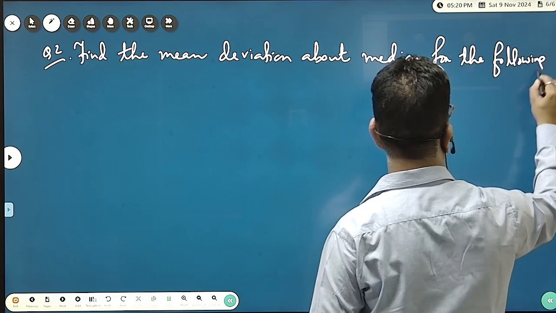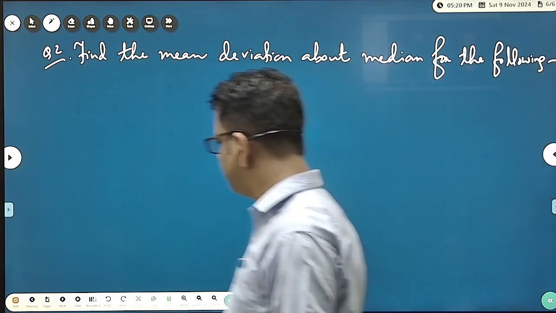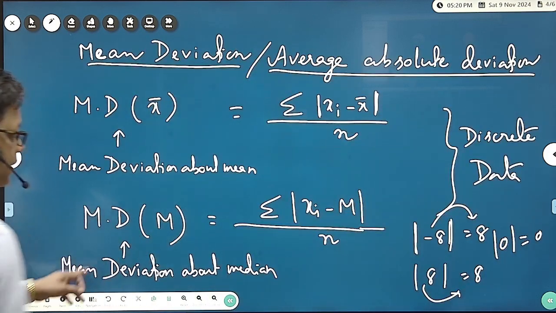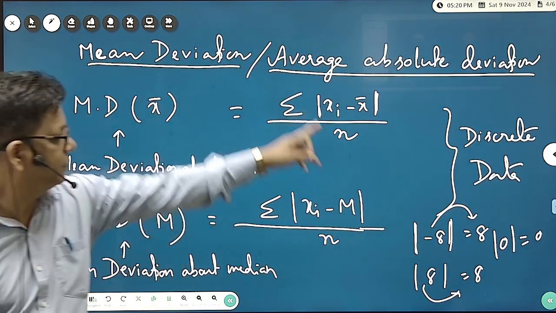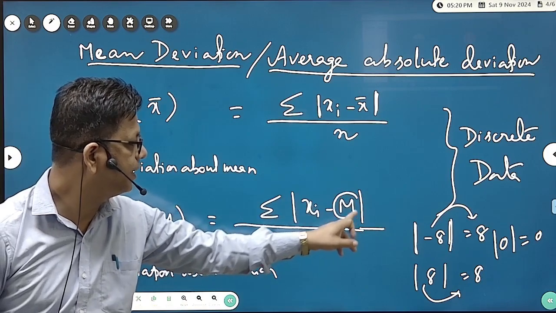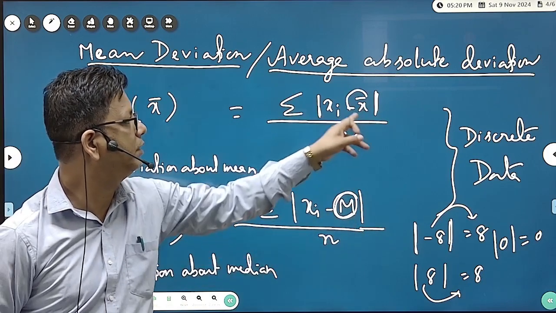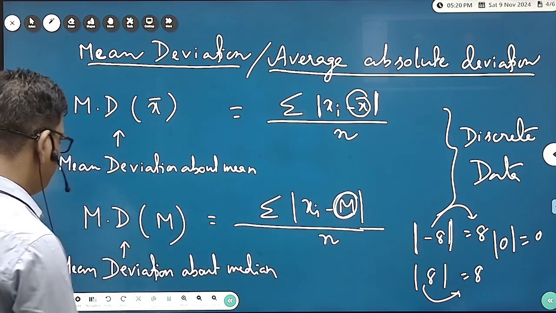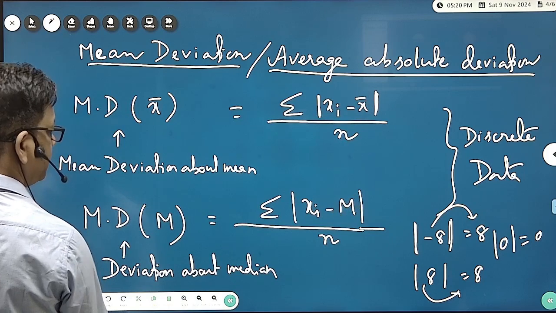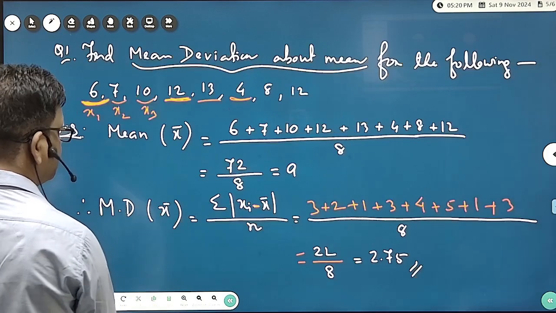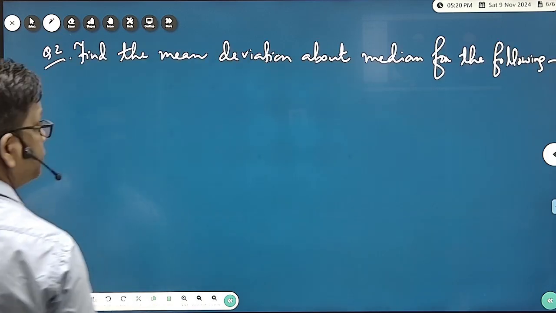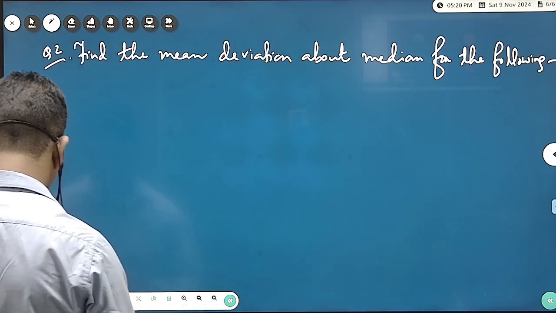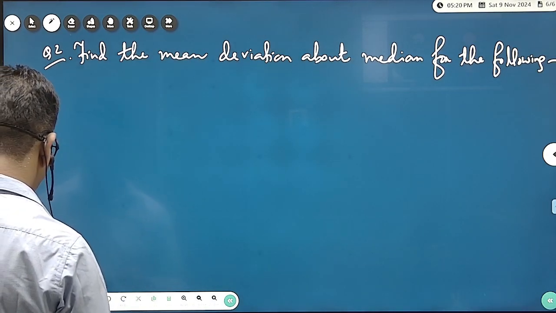If you see the formula once, everything is the same. What is different is that here we have to find m, the way we found the mean last time. So we subtract m, m for median, and otherwise it's the same thing.